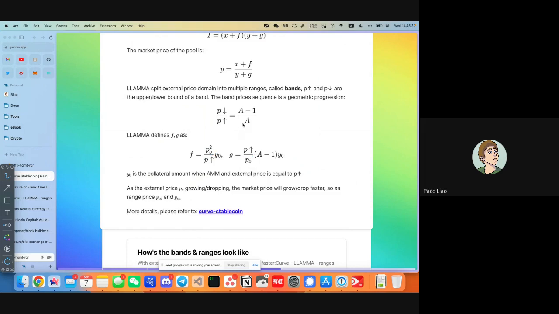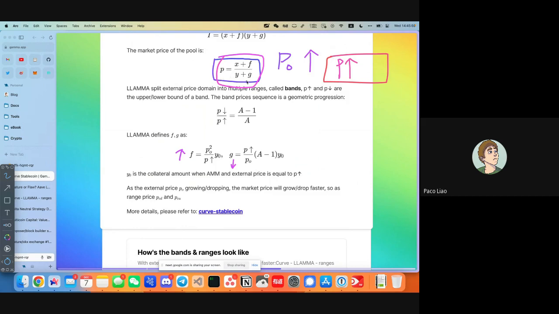So let's look at how the price will change with external price. Let's say the external price goes up, so F will also go up and G will decrease. So this market price will also increase, right? And increase at a faster speed. So this is how they change the AMM price.